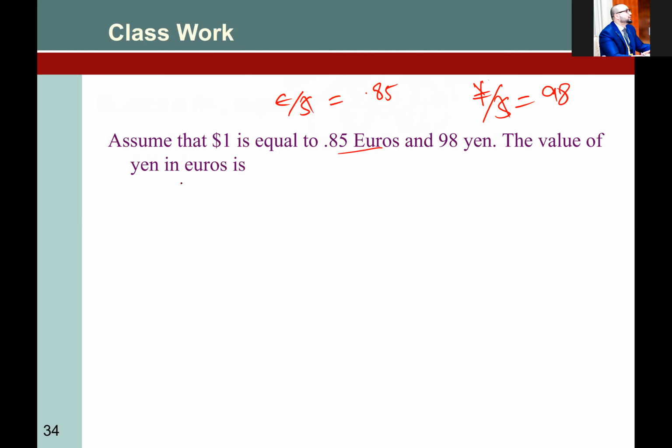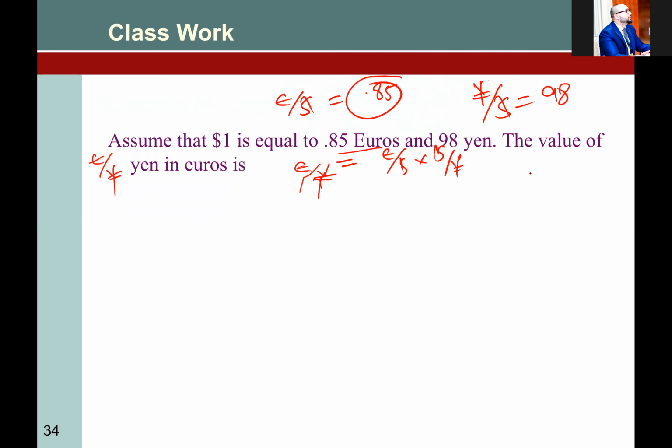So the value of yen in euros. So what we need to find out? Euro over yen. So use the dimension method. Euro over yen equals euro over dollar multiplied by dollar over yen. So do we have euro over dollar?